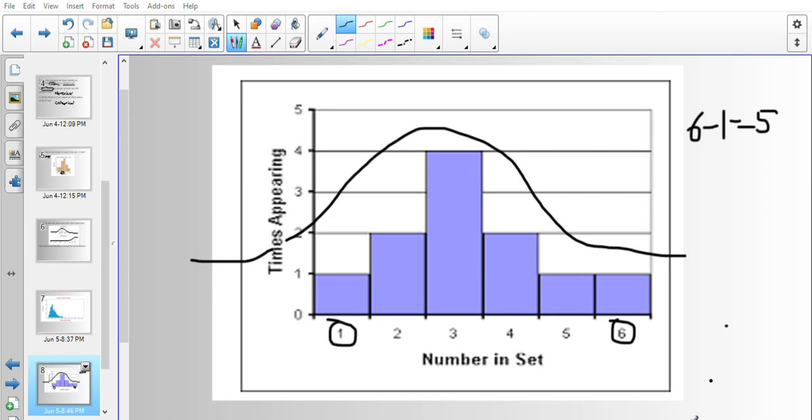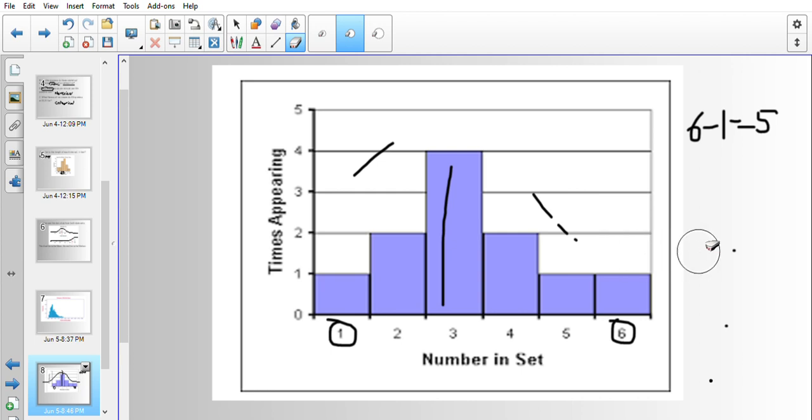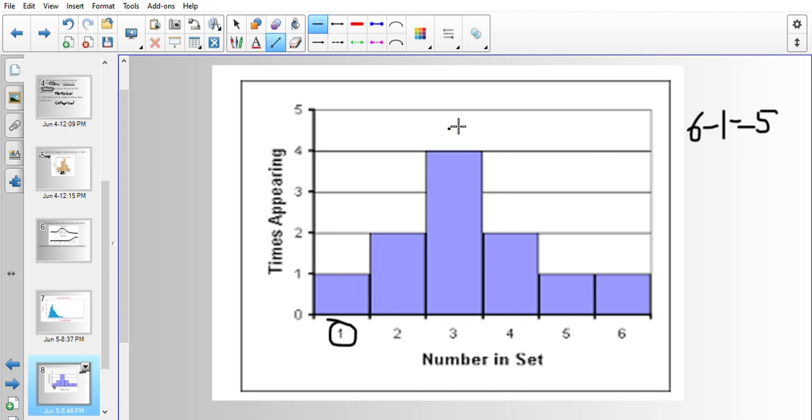Okay, so in this case here, I can tell you, and you should know, that the mean and the median are going to be close together. They're going to be somewhere kind of right around here.